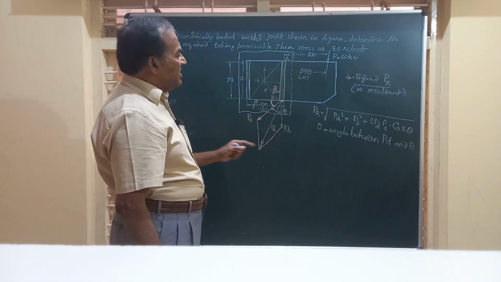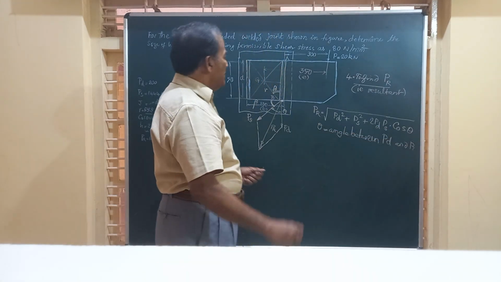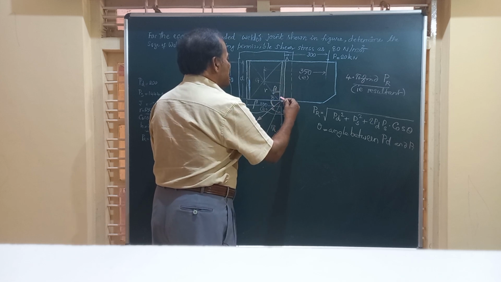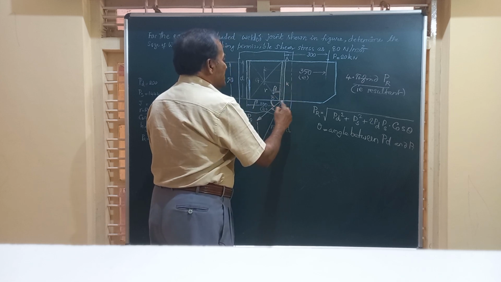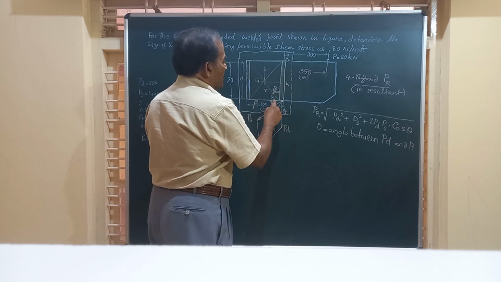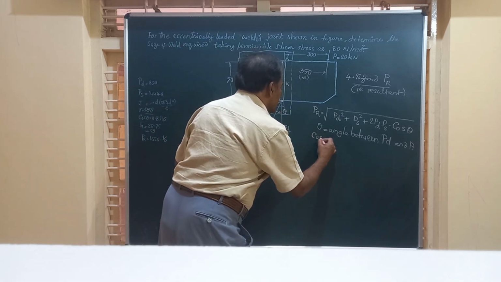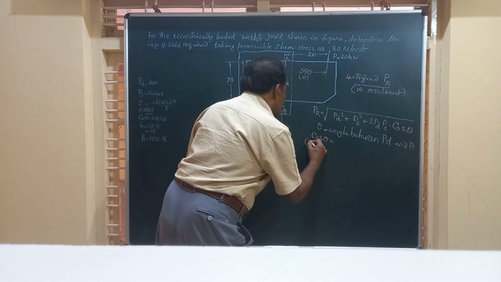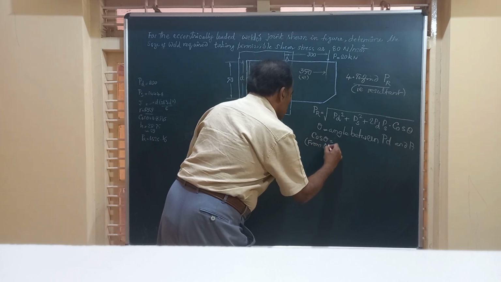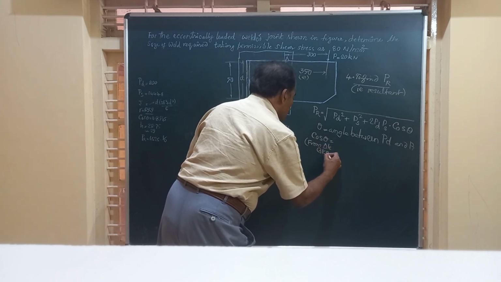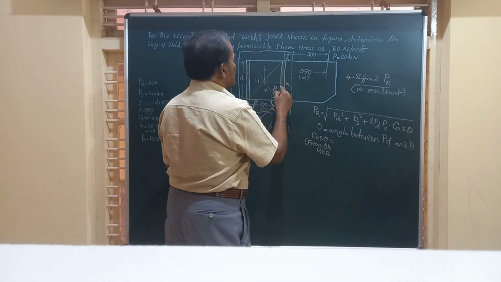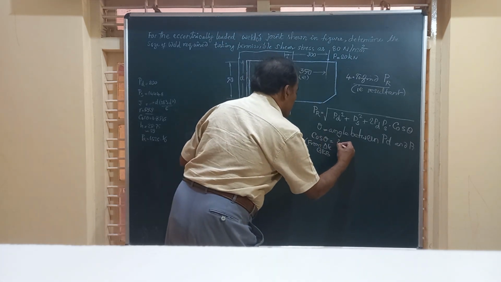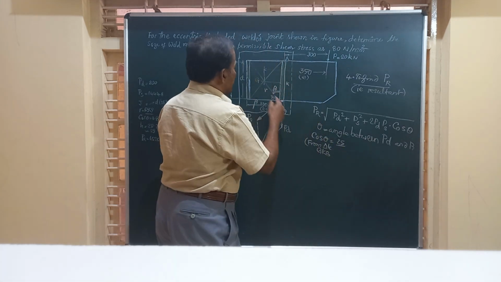How to find out this beta? We want cos theta in the formula. We can take it directly. So cos theta is equal to the adjacent side divided by the hypotenuse. Suppose this is K. So cos theta from this triangle GKB is equal to the adjacent side, that is 25, divided by the radius.